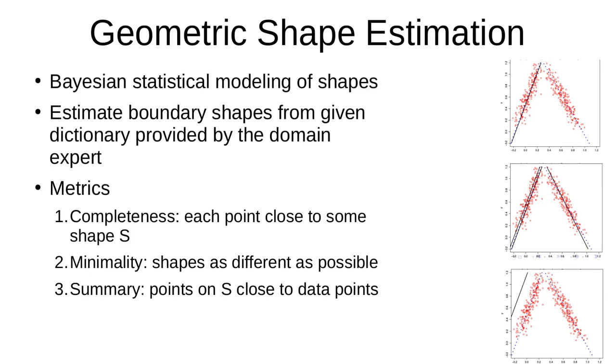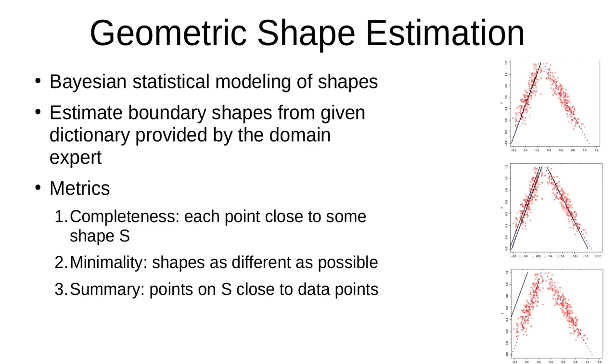And finally, the third metric is that the points on each shape should be close to the data points, which means the system should select estimates which are really on the data points.